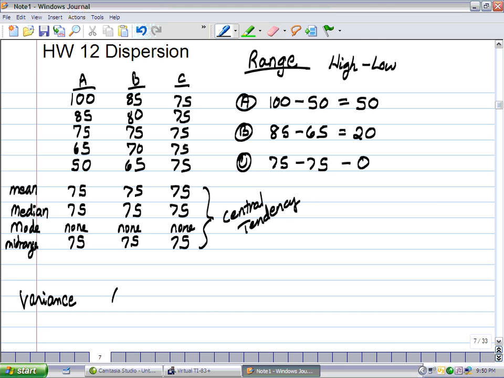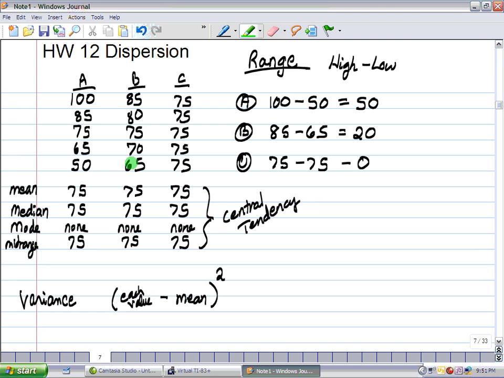So we're going to take each value and we're going to subtract the mean. That's going to give us our deviation from the mean. Then we're going to square the deviation from the mean, because sometimes we'll get a negative number when we do the value minus its mean.